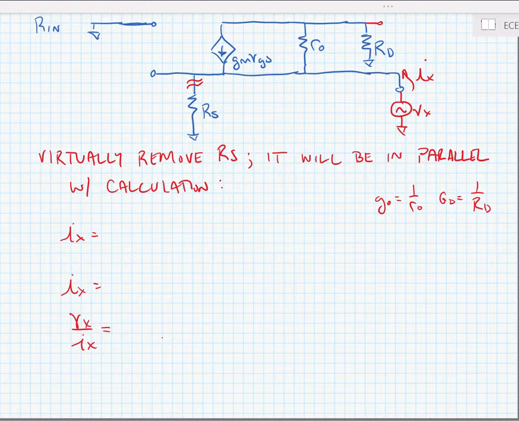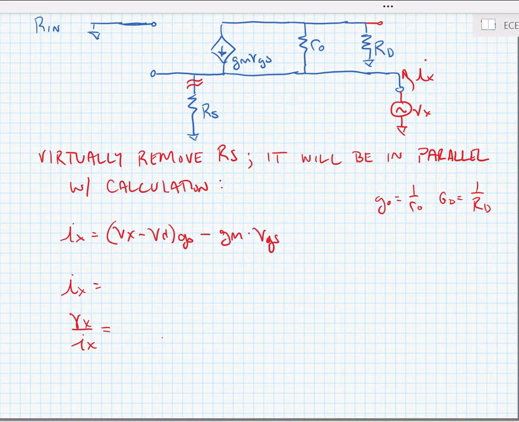We're going to go ahead and write a KCL expression at the test voltage source. So we can say Ix is equal to Vx minus Vd times G sub 0 minus Gm times VGS.